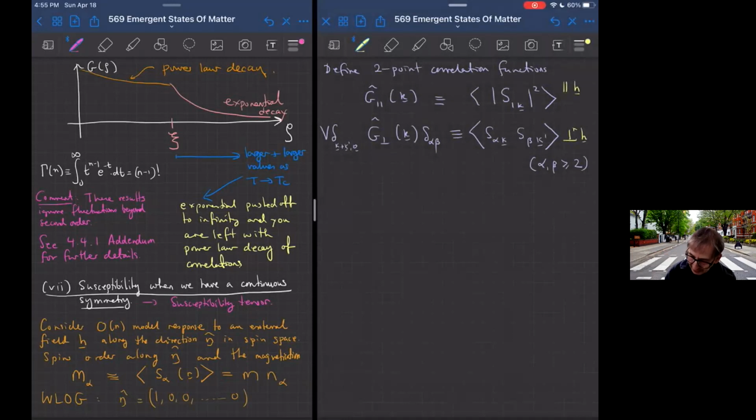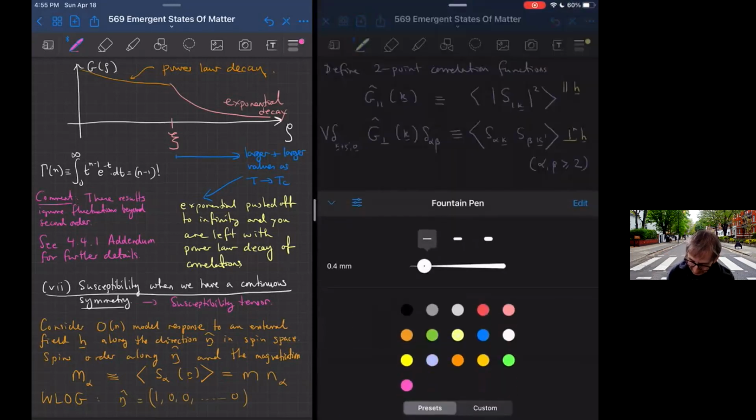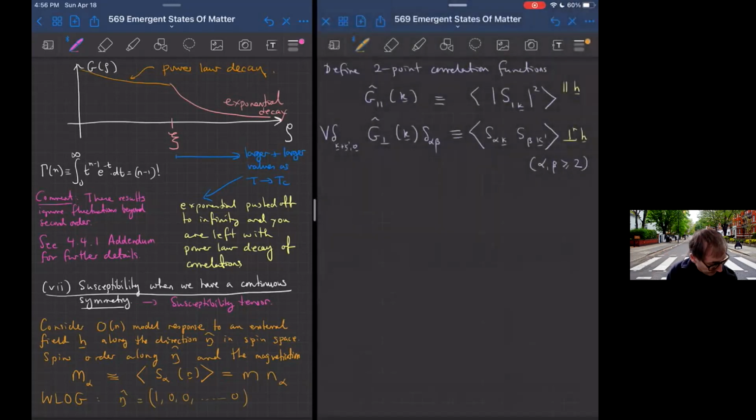What we're going to be doing now, we're going to define this to always mean longitudinal, which means parallel to the direction of ordering, parallel to H, and this is going to always mean transverse, which means orthogonal to the direction of ordering.